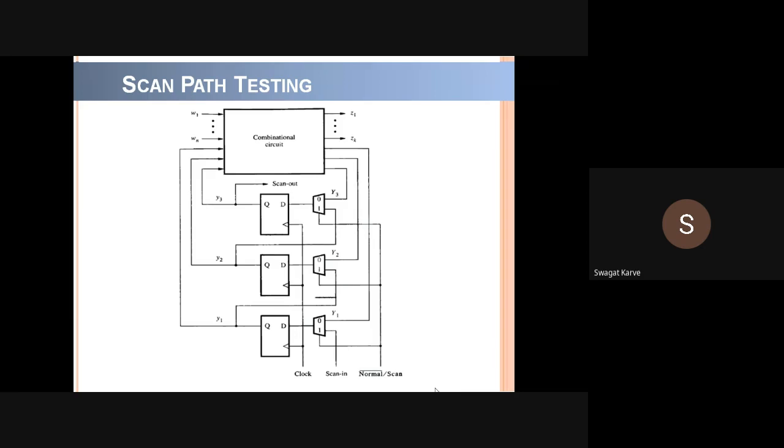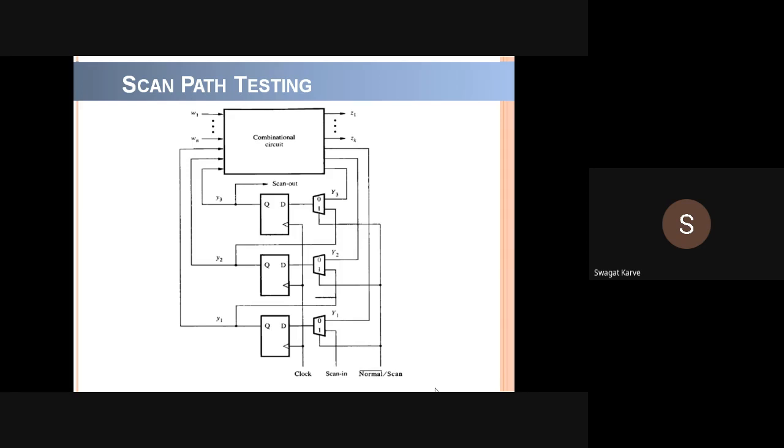The advantage of scan path testing is that you can operate the circuit as well as test it simultaneously. Testing will not affect the working or operation of that circuit. This is the advantage of scan path testing.